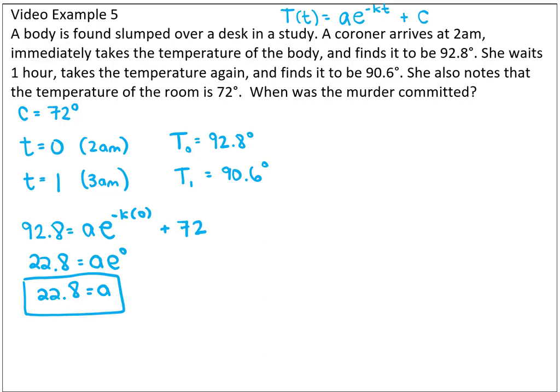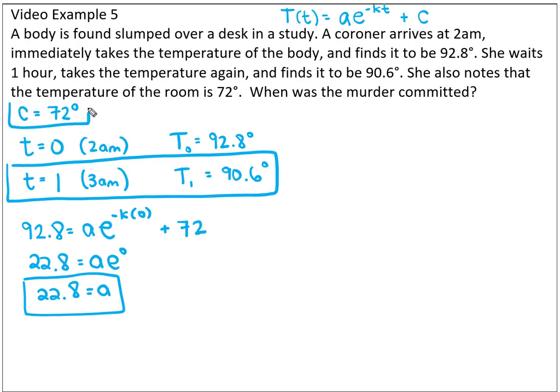And then we want to take this a and the information over here and this c to solve for k. So we're going to set this up again. 90.6 is equal to 22.8 as my a, e to the negative k times t of 1, plus 72.